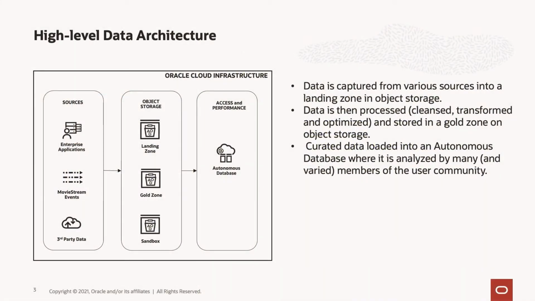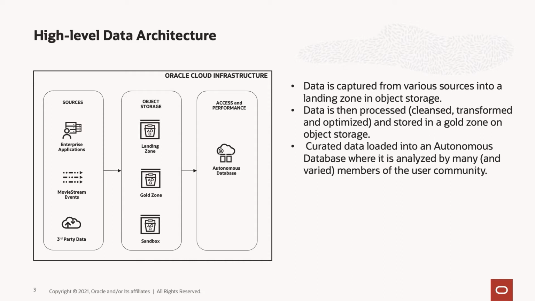Now, here is a simplified diagram of MovieStream's data architecture. They're integrating data from a variety of sources, including enterprise applications, third-party data, and events that are streaming from their movie service. Now, the data from these sources is captured in Oracle Object Store in a data lake.